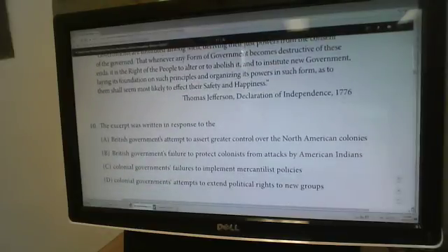So is this excerpt written in response to the British attempt to assert greater control over the North American colonies, failure to protect the colonies from attacks by Indians, colonial governments' failures to implement mercantilist policies, or colonial attempts to extend political rights to new groups?